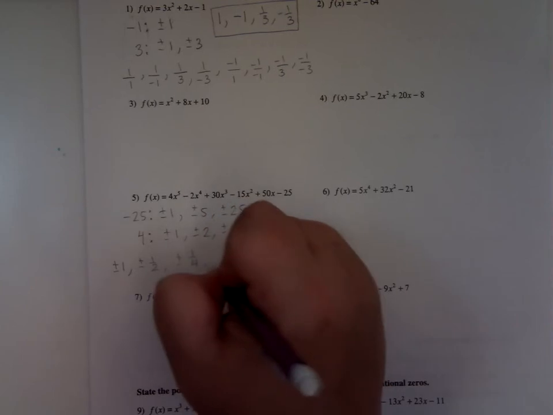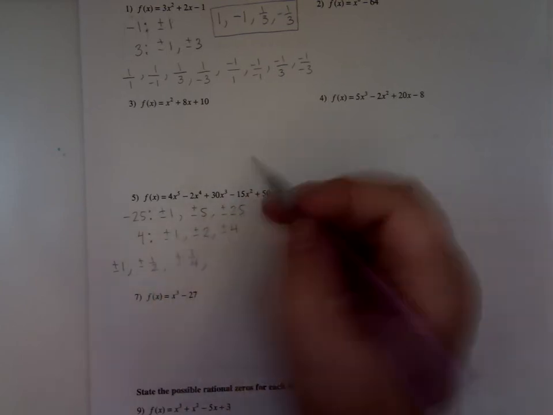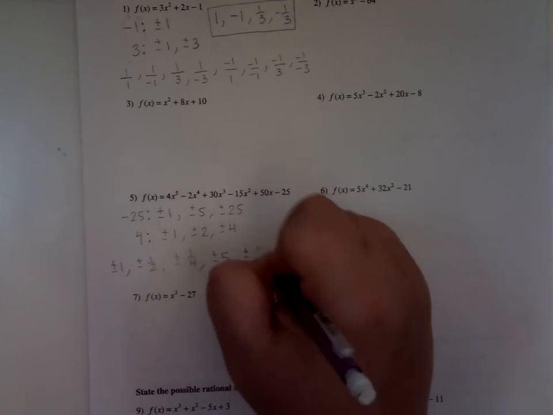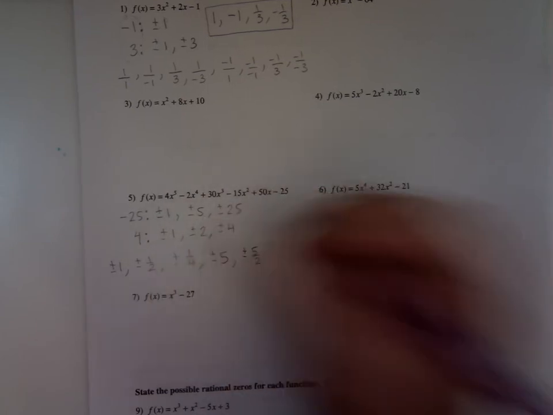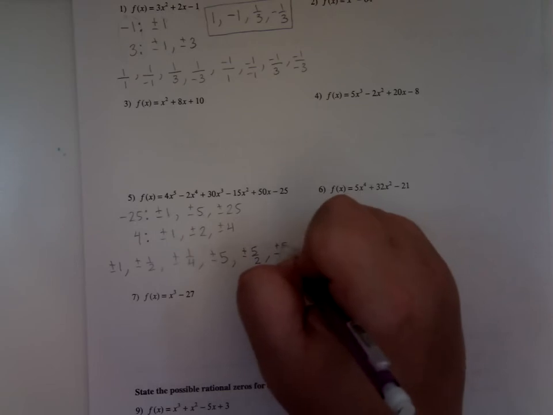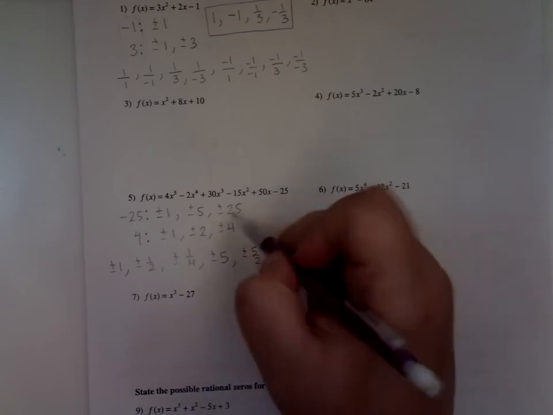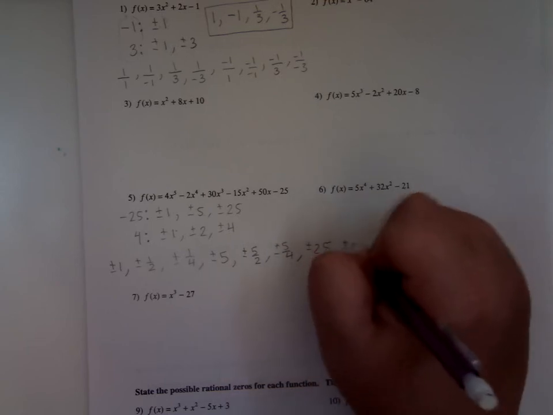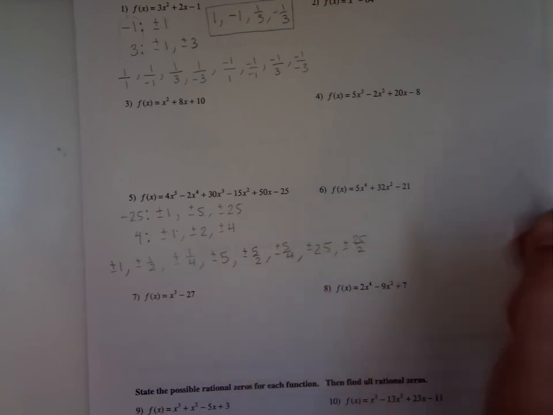5 over 1. Plus or minus 5. 5 over 2. Plus or minus 5 halves. Plus or minus 5 fourths. 25 over 1, so plus or minus 25, plus or minus 25 over 2, and plus or minus 25 over 4.